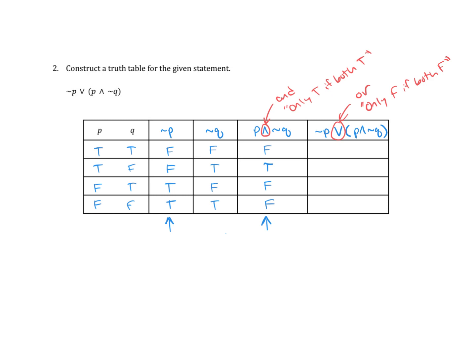And I look at those two columns and I'm like, okay, where are they both false? They're both false in the top row. And it's only false if both are false, so I put a false in that row. In all the other rows, I've got false then true, true then false, true then false. There's no other place where they were both false, so these are all going to be true.